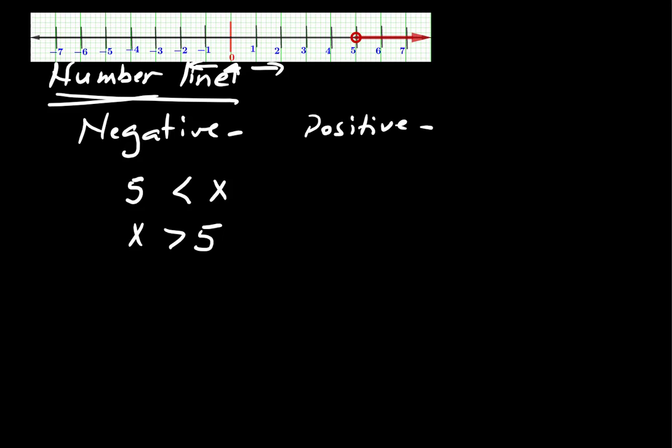So all numbers greater than 5. You have to understand this, because this is the basics of these graphings.